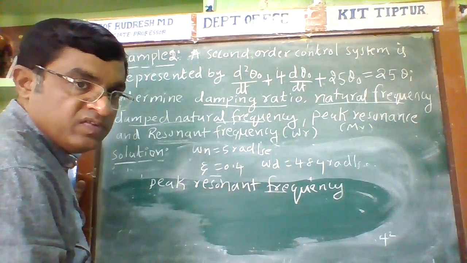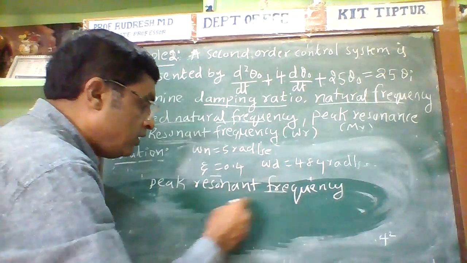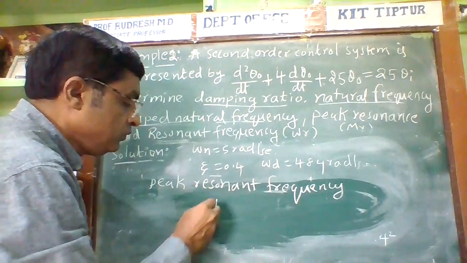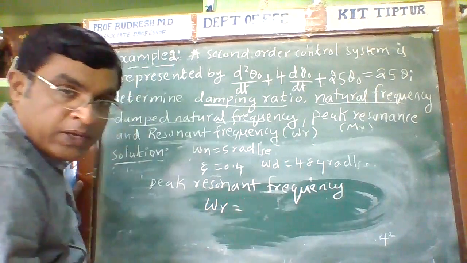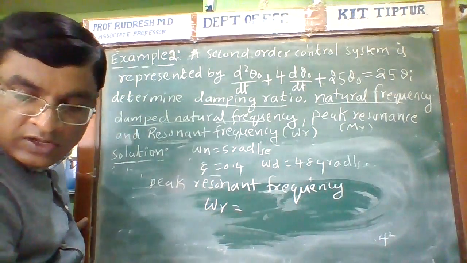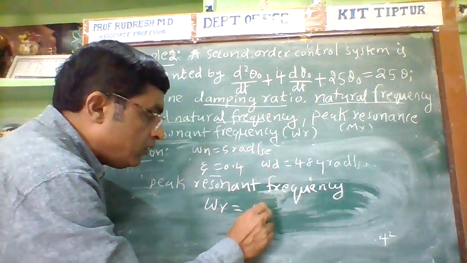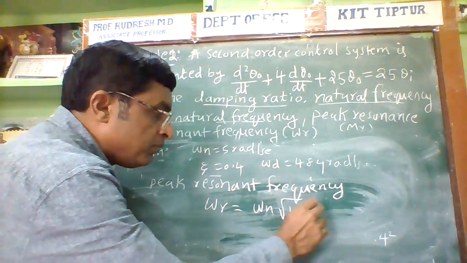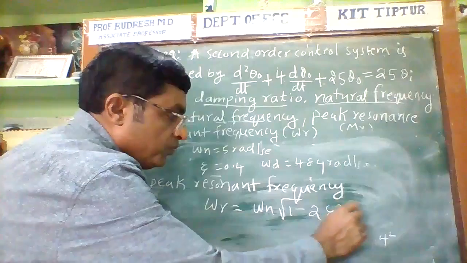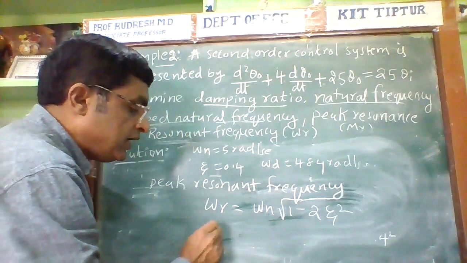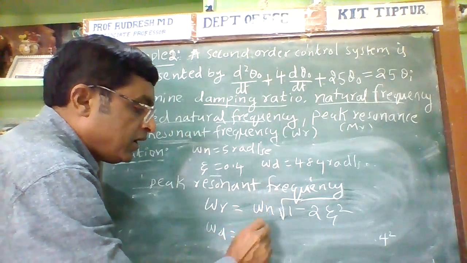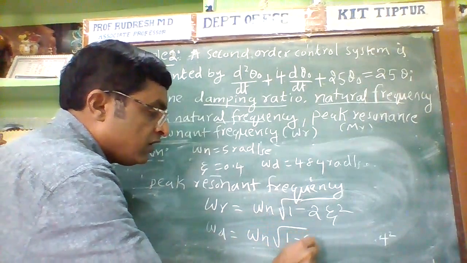Omega r is given by the relation omega n into square root of 1 minus 2 zeta square, whereas omega d is omega n into square root of 1 minus zeta square.